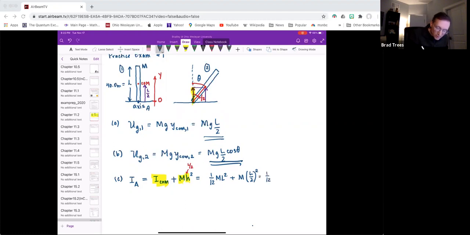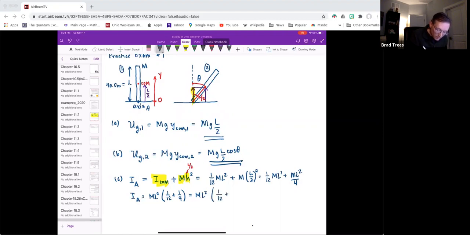So this is 1/12 ml squared plus ml squared over 4. Now let's factor out an ml squared, and we're left with 1/12 plus 1/4. We can add those two fractions by getting a common denominator of 12.